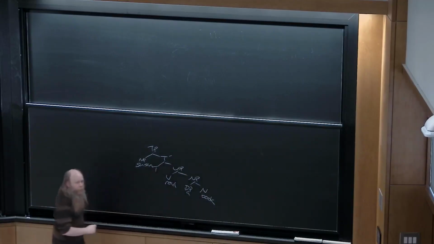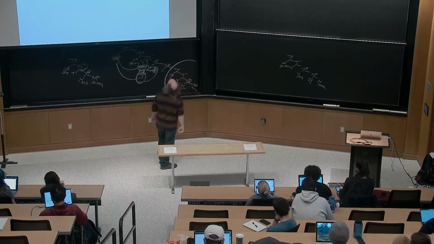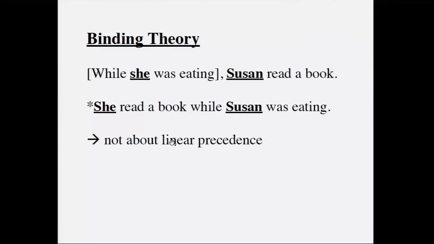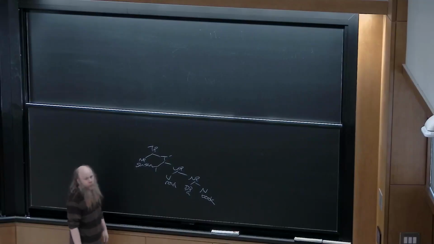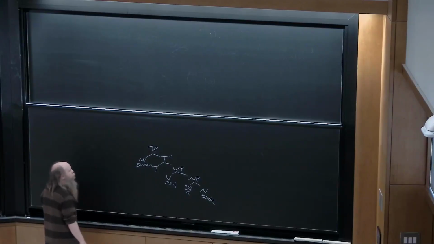Do that for Susan read a book. And then we need somewhere to hang "while she was eating." We need it to be some kind of adjunct, right? It's not in the same kind of relation as anything else. It's not selected by anything, right? There's no particular reason for it to be anywhere. So there are various ways we could do that.